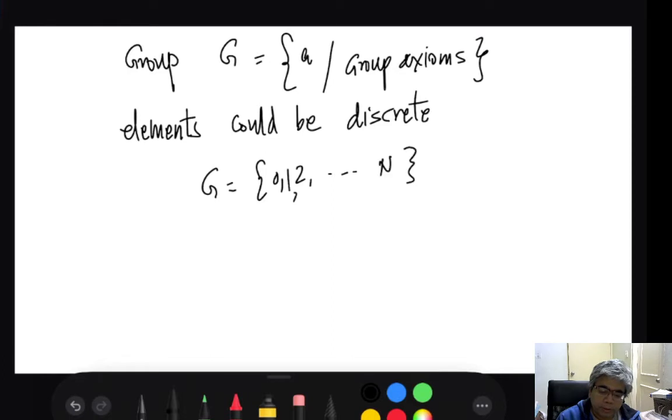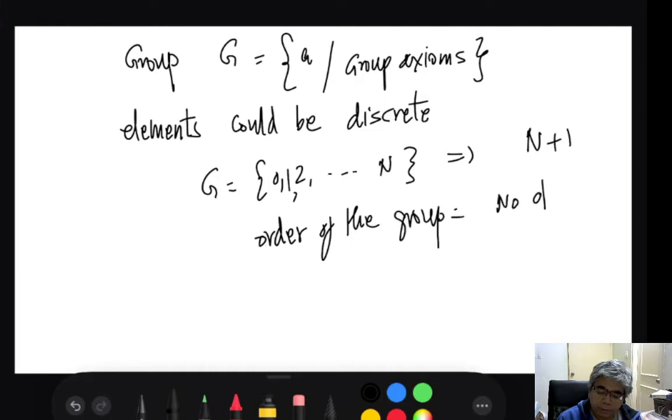So in this case the order of the group is n plus 1, because the order of the group is nothing but the number of elements in the group.